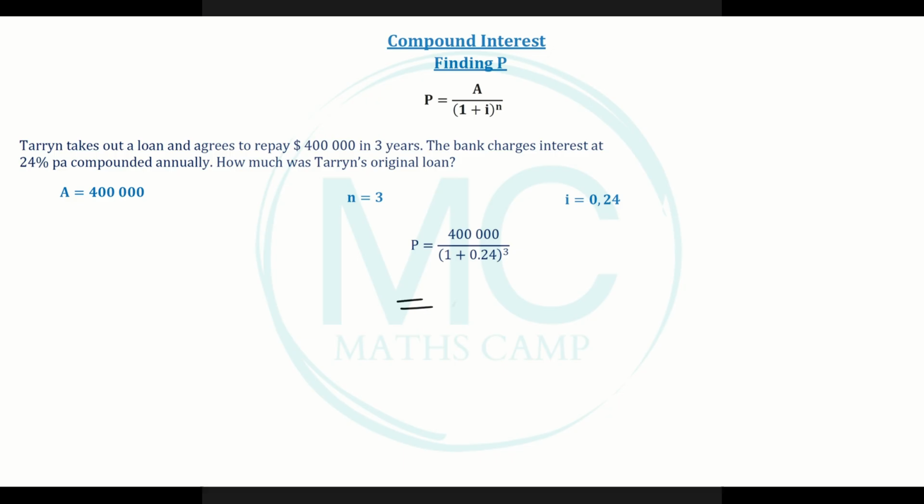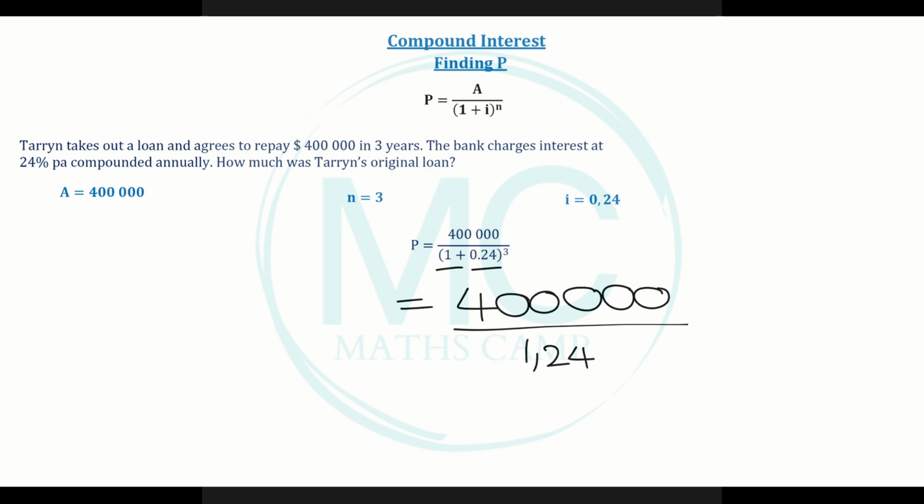Now we have 400,000 all over 1 plus 0.24, which gives us 1.24 to the power of 3.